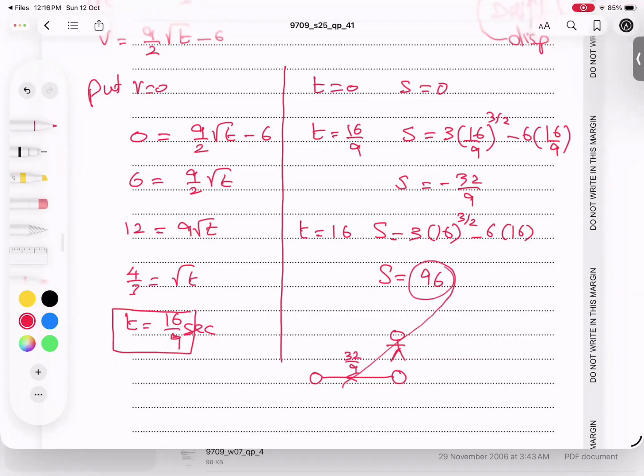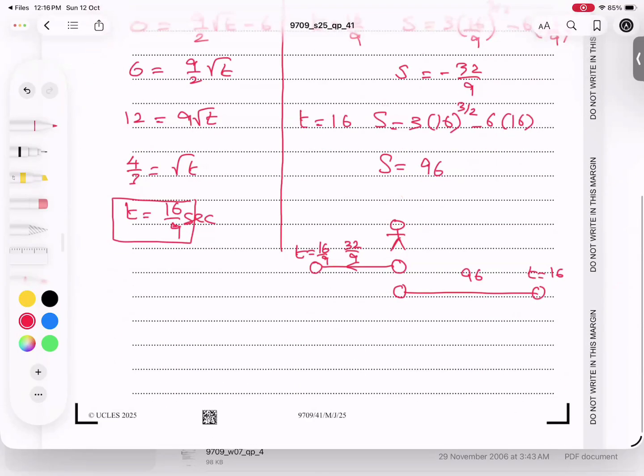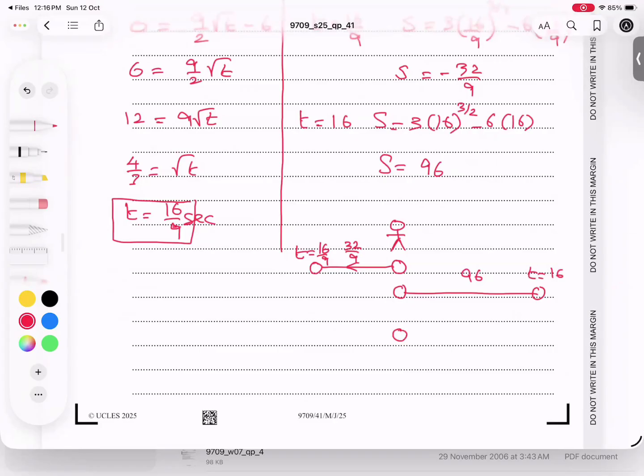Afterwards, the displacement when time is 16 is 96, positive. It means the particle starts from here, first goes backwards, turns, then crosses the observer and reaches here. I hope you got the point.